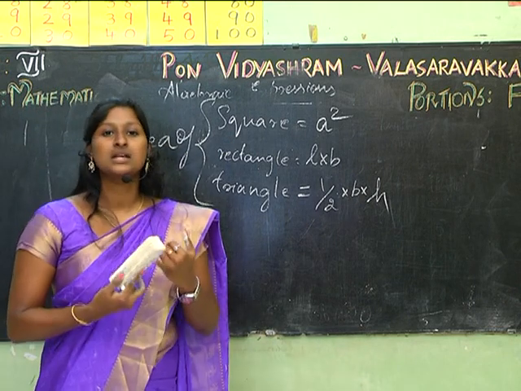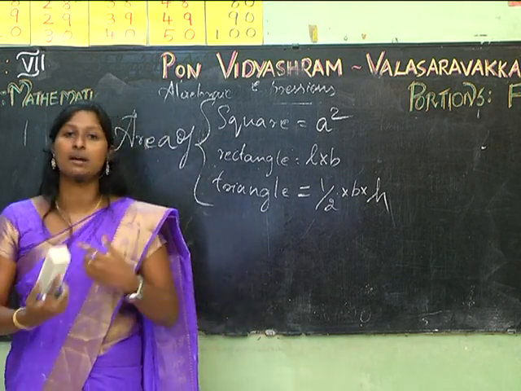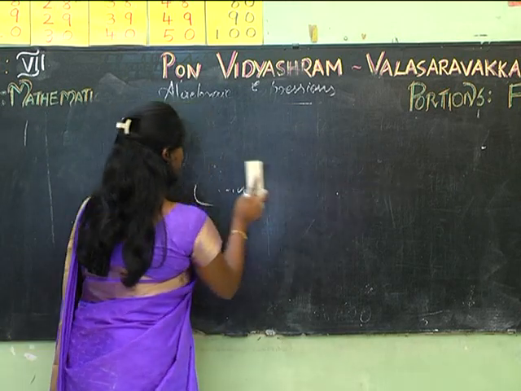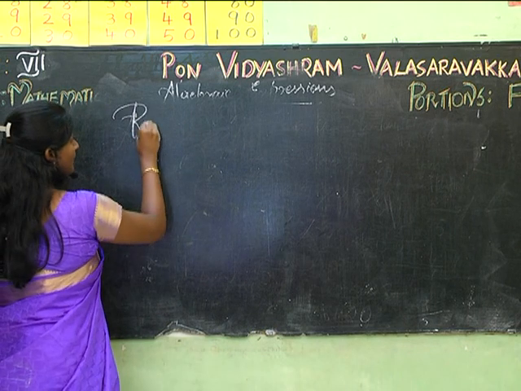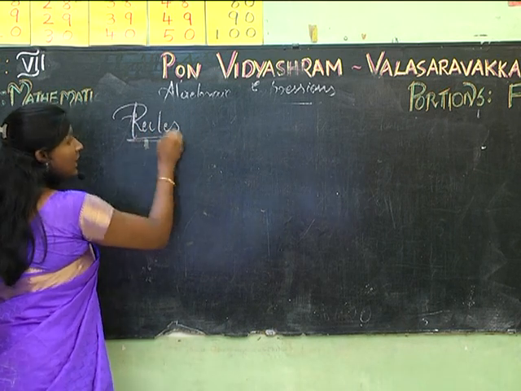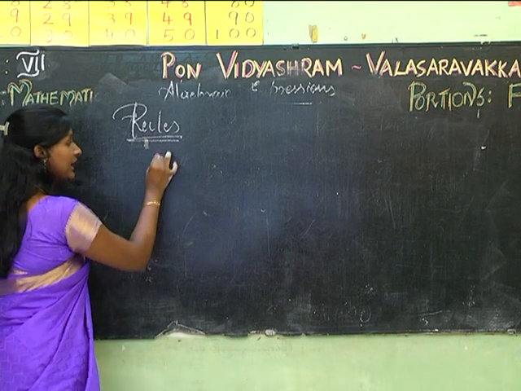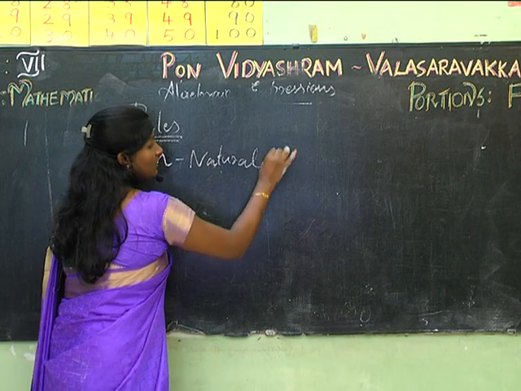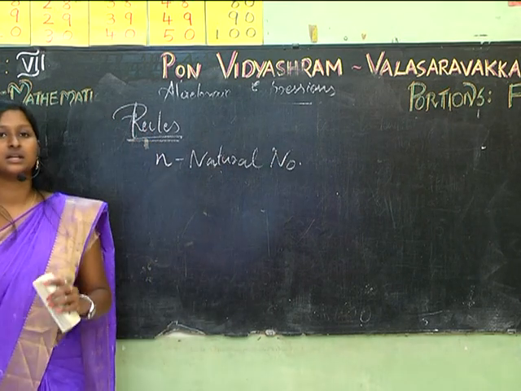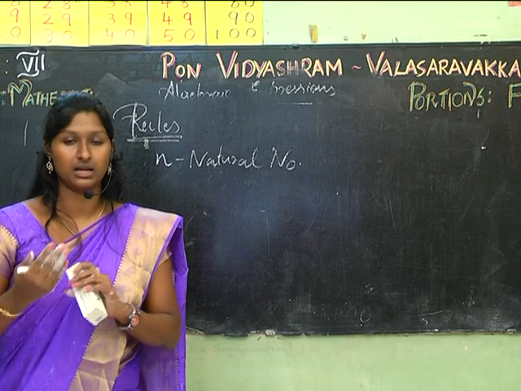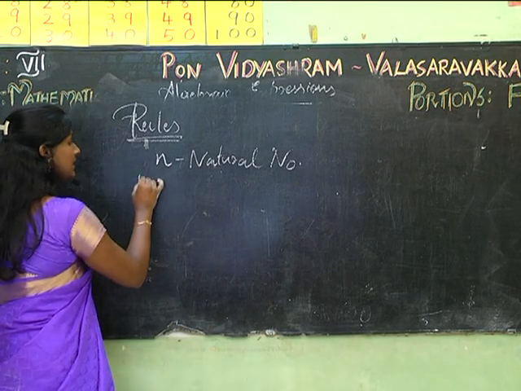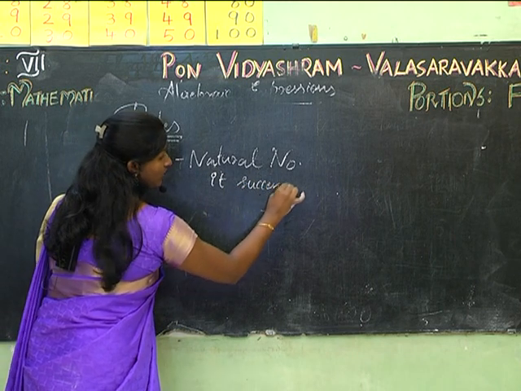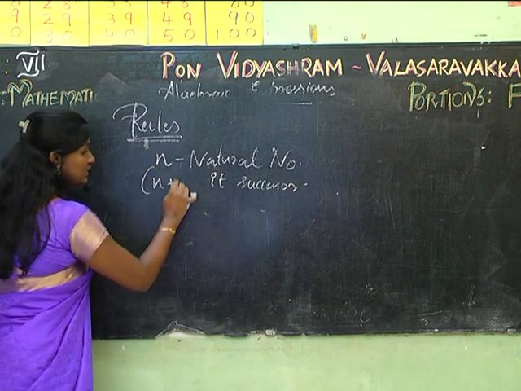Next, we are going to see some rules about the given algebraic expressions. If I take n as my natural number, its successor, which means the next number, can be denoted as n plus 1.